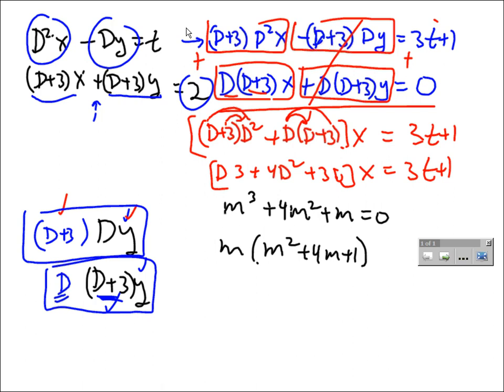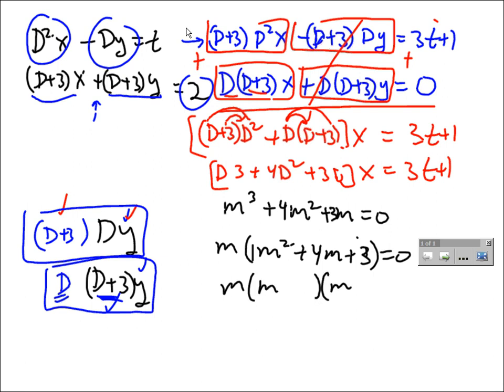I do have one of my famous typos, should be 3m. And I factor out an m, but m squared plus 4m plus 3 is 0. And since that's an m squared, I can try to play the number game. Two numbers that multiply out to 3 but add up to 4, or plus 3 and plus 1.